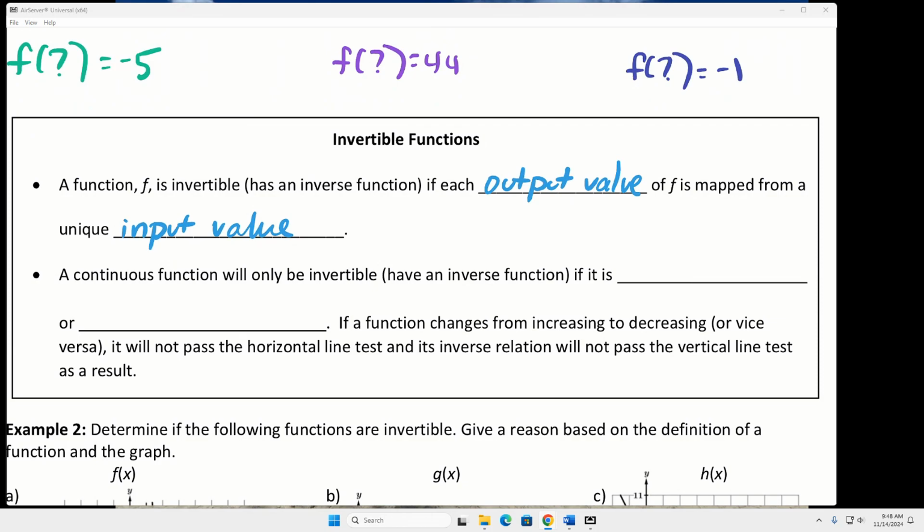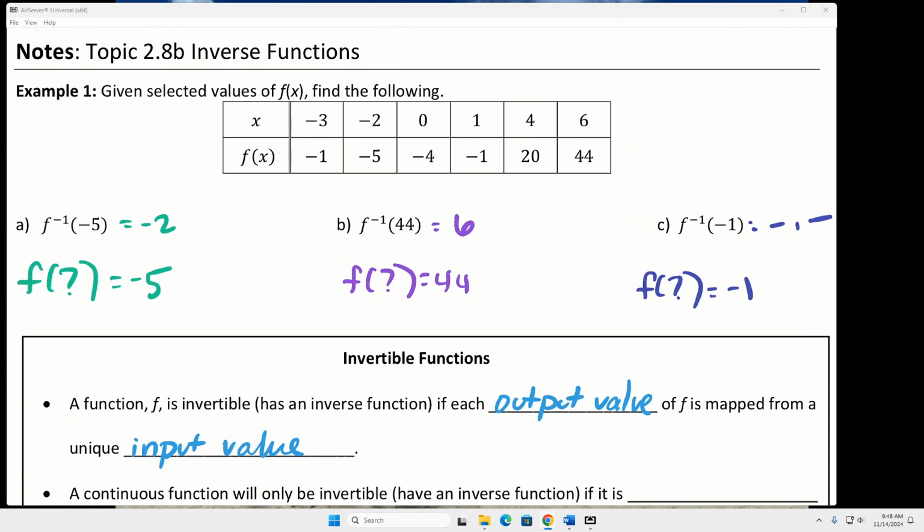Basically it's saying only one input will give you that output, and that's a problem for -1, because two different inputs give you that output. So it doesn't mean it's not a function. It is a function. It's just not an invertible function.